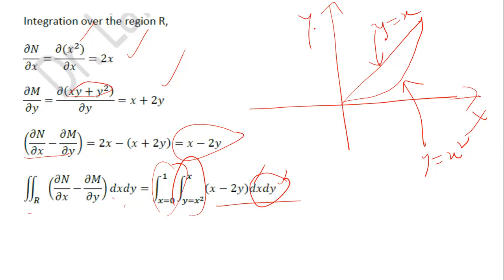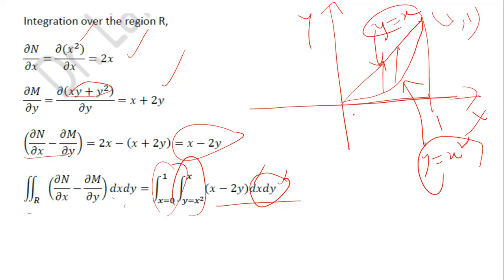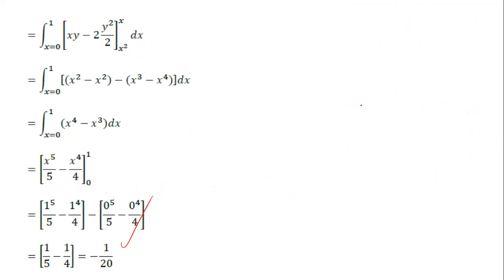So you take the limit of y from y equal to x squared to y equal to x, and you travel x from 0 to 1. This point is 1, 1, where x value is 1. That way you can perform integration over this region. If you do that, you will get the same thing, and that verifies Green's theorem.